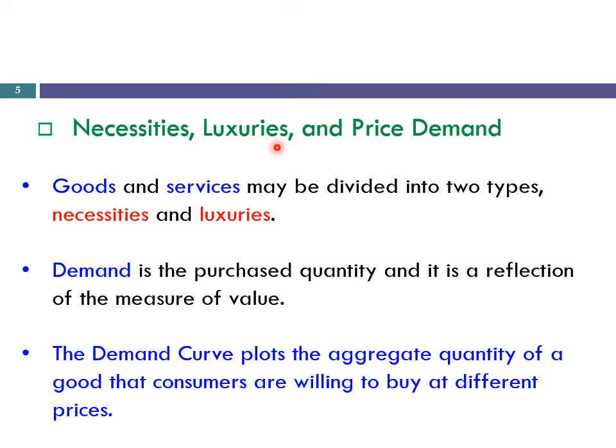So we can divide these items into being a necessity or a luxury. For example, here in Oman, buying snow can be a luxury, because snow you need to bring from somewhere else, or you need to produce it artificially.